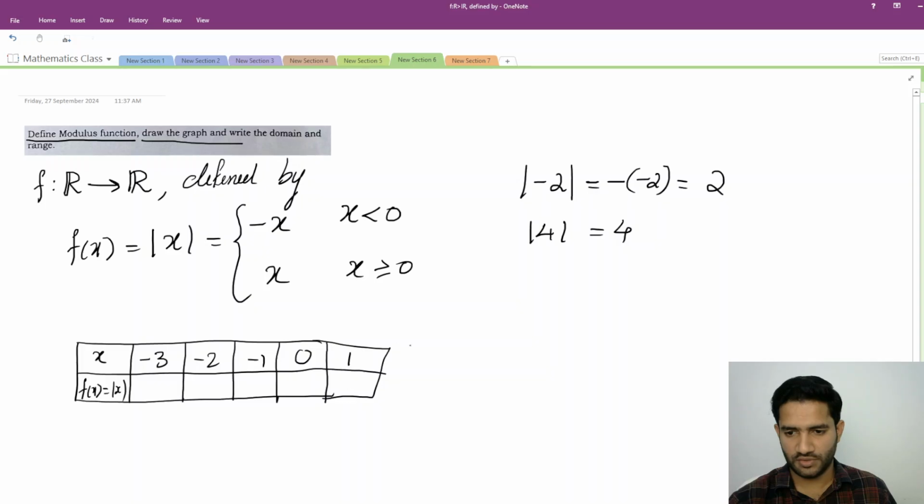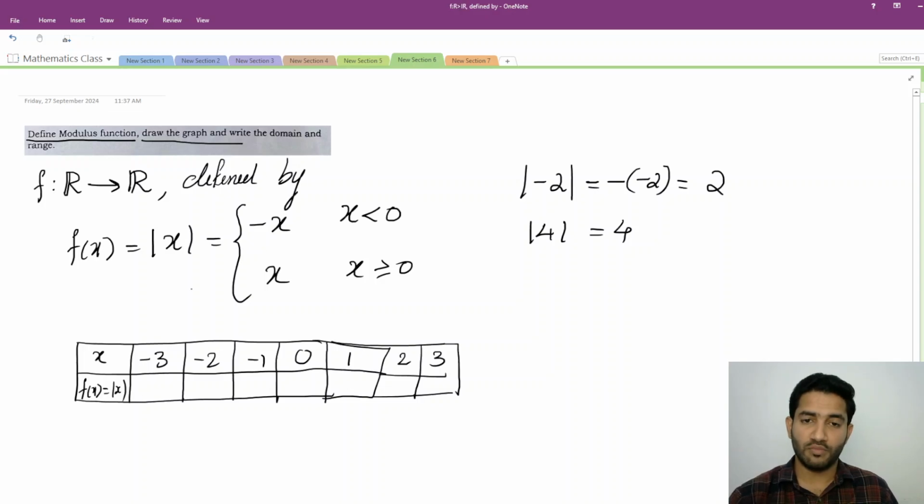We want to introduce some more tables here. 2, 3. So modulus of minus 3, we know that negative will be positive. 3, 2, 1, 0, 1, 2, 3. So by using this table, we can draw the graph.